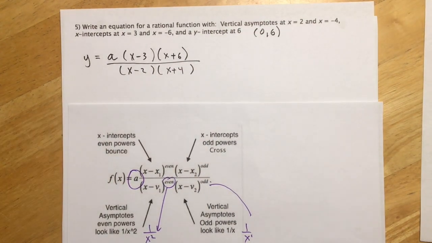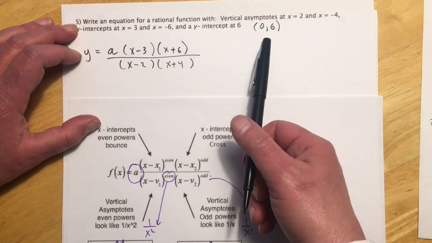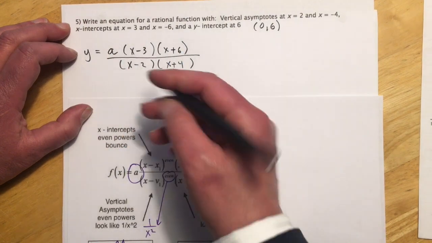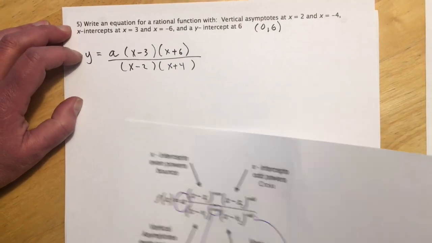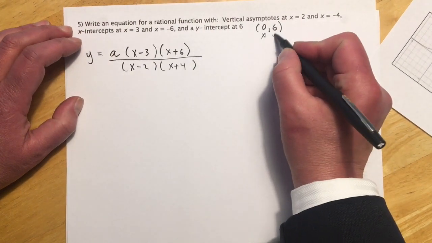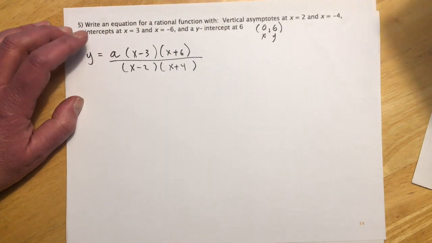That gets us pretty close, but there's still the stretch factor, and that's where the y-intercept comes in. Now in this equation I have an x, a y, and an a, so that's enough that I can solve for a.